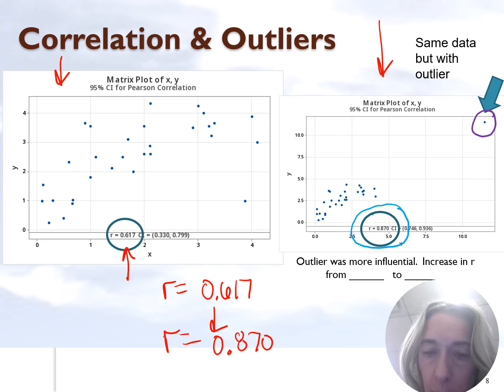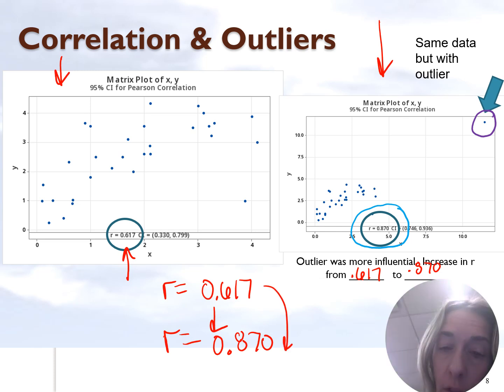Okay, so 0.617 to 0.870, that's a larger change. That outlier was more influential in this case. So when we started with less highly correlated data, that outlier had more of an impact on our correlation coefficient.